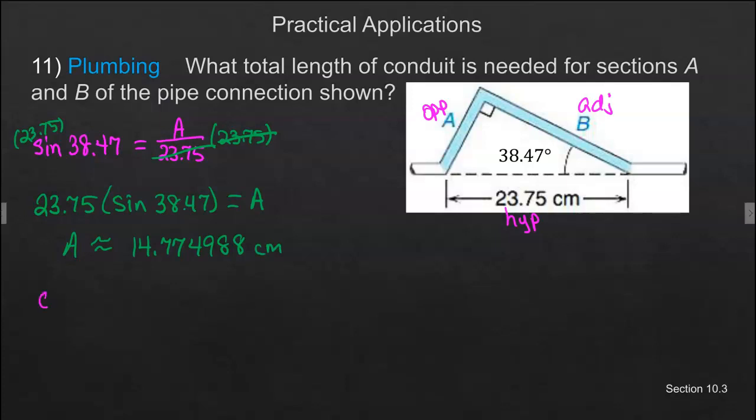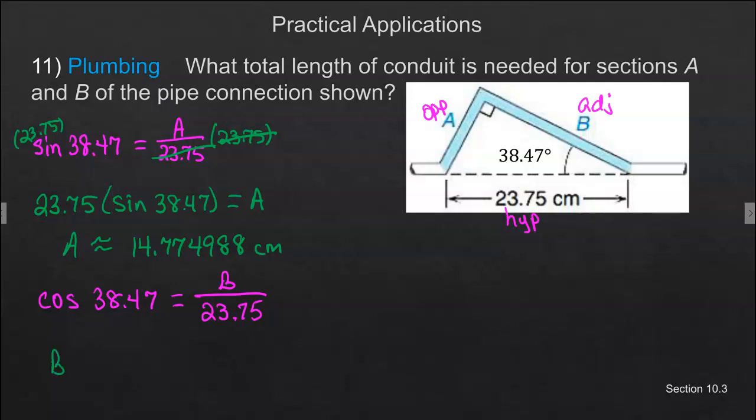Okay, so then we're going to set up our cosine of that same angle, 38.47, with the adjacent side, B, over my hypotenuse, 23.75. Once again, we're going to multiply both sides by the 23.75.